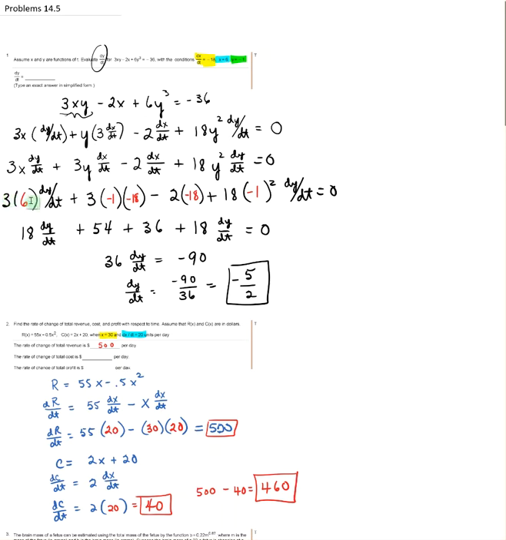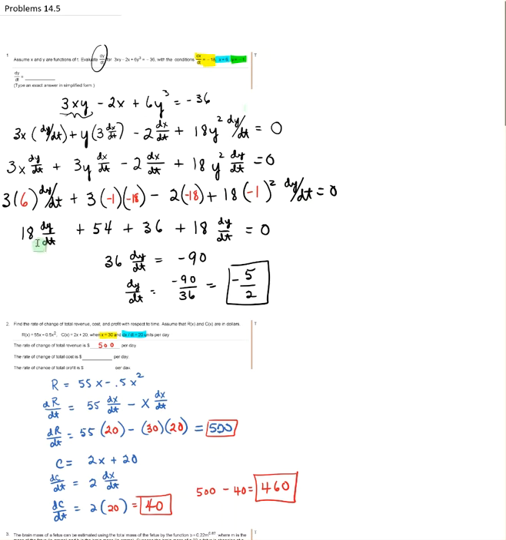So I've got 3 times 6 dy dt, which is what we're solving for, plus 3 times y times dx dt, minus 2 times dx dt, plus 18 times negative 1 squared dy dt. So I substituted in the red parts from what I was given in the problem.